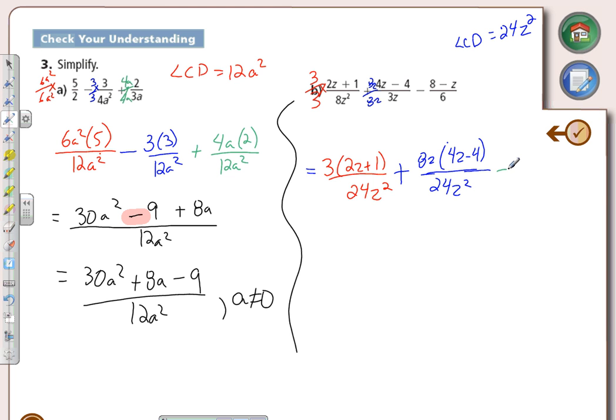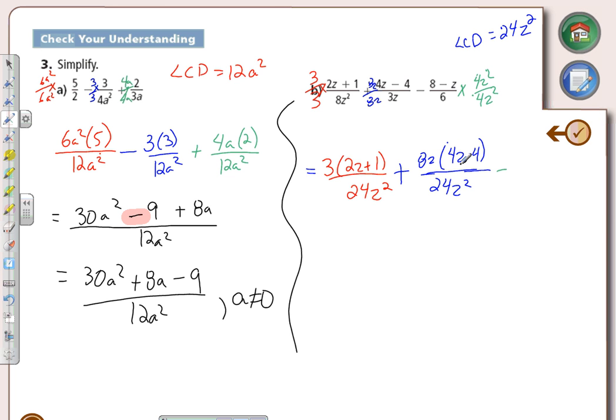Minus. For this one, we've got a 6, so we need to multiply it by 4z squared. I'll just write it on the end. And I'm going to put it in front so that we don't forget to bring the negative in. If you expand right from here and bring it in, that's all good. You can do that.